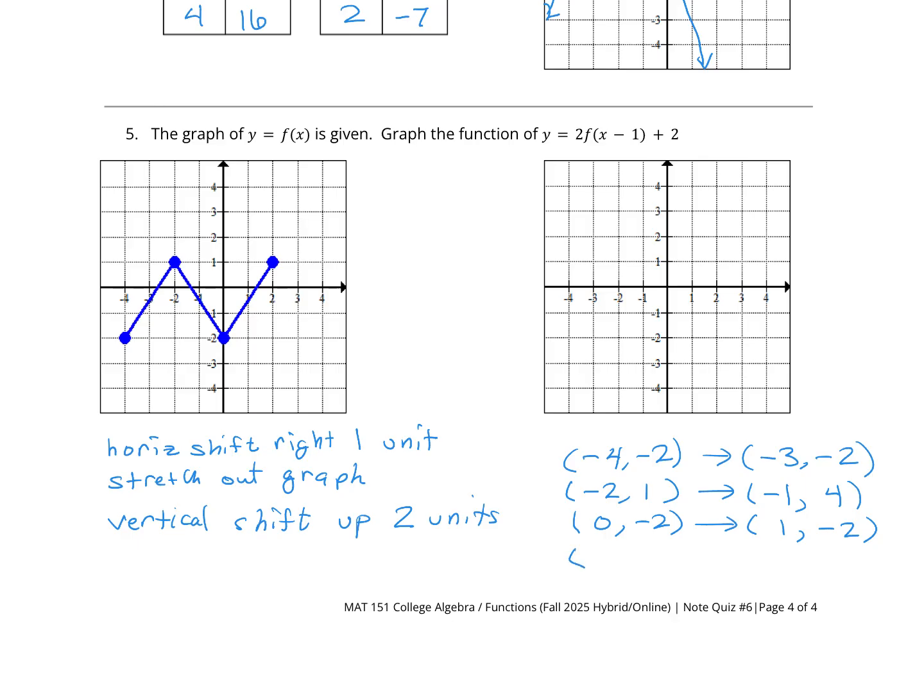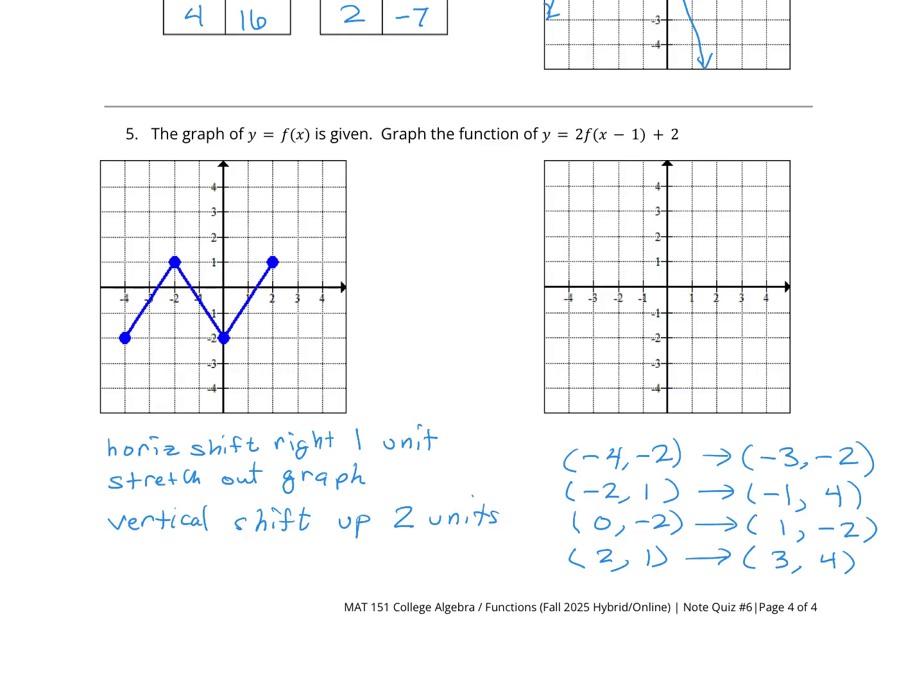And then finally, I'm going to move 2, 1. Shifting to the right, it's going to bump that 2 up to a 3. And then I'm going to take that y value of 1 and multiply it by 2 to get a 2, and add 2 more to that and get a 4. So those are my 4 brand new ordered pairs.